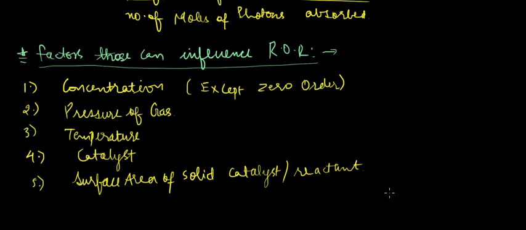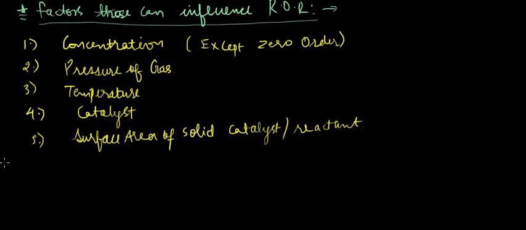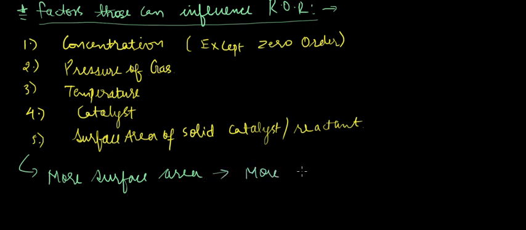We can write that the more the surface area of solid reactant or catalyst, the more will be the number of active sites for reaction, and higher will be the rate of reaction.